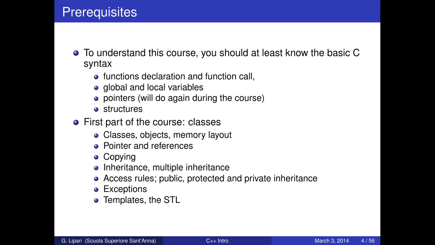We are going to quickly review the basics of programming in C in the first lecture, and the idea is not just to learn C, but to highlight the differences between C and C++.